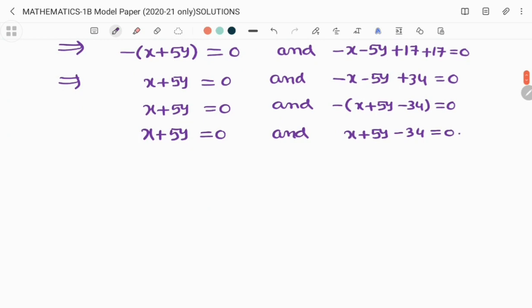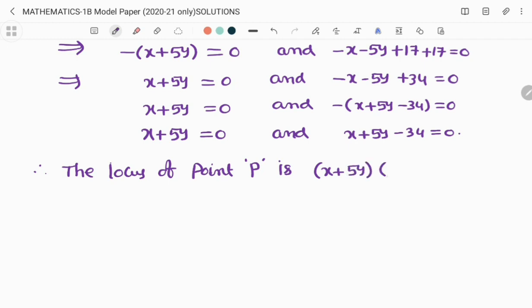Therefore, the locus of point P is the product of these two equations. You can write it as x plus 5y into x plus 5y minus 34 equal to 0.